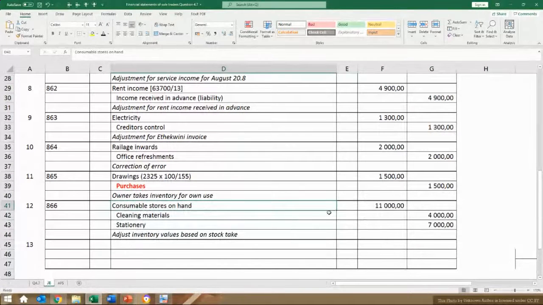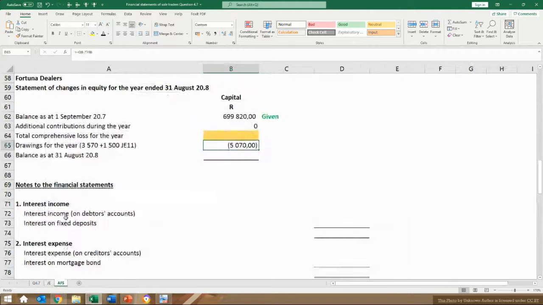would be consumable stores on hand, and then we reduce the cleaning material and the stationery with the amount we still have on hand. So when we do the disclosure, we now create an asset account, which is consumable stores on hand. It falls under your inventory.